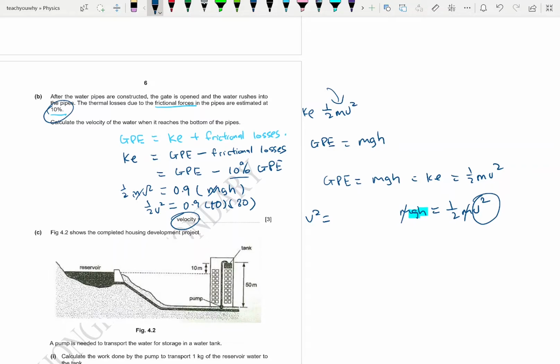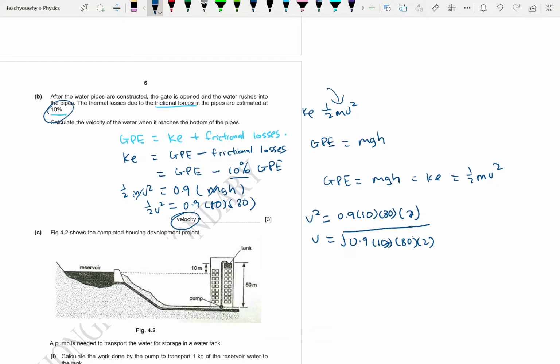So it will be 0.9 times 10 times 80 times 2, and I square root this whole thing to get v.